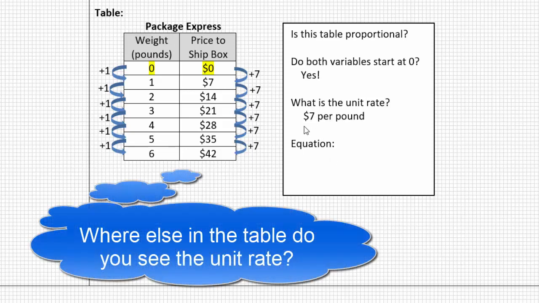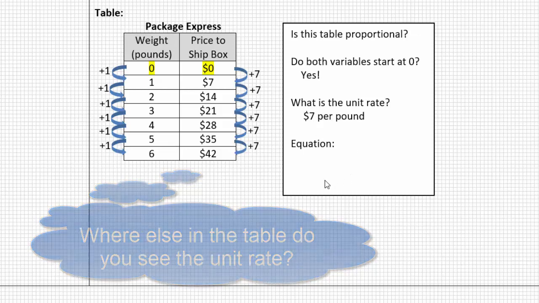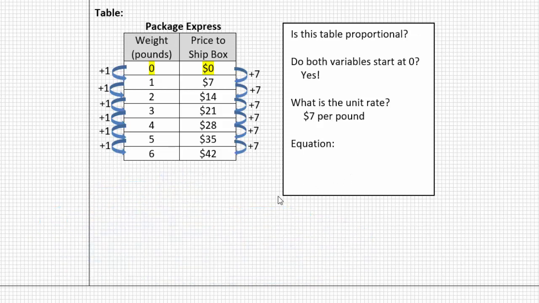So if our unit rate is $7 per pound, what do you think our equation is? Remember, think back to what our variables are and how we can use our unit rate to put it all together as an equation. If you had an equation like this, I would agree with you.